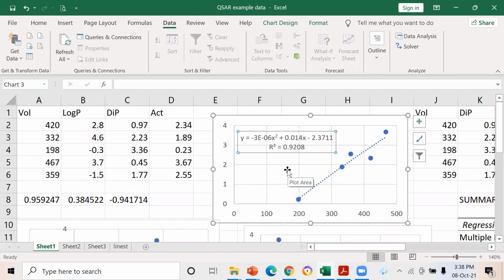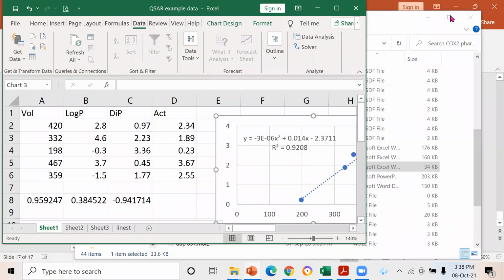But in Excel, second order, third order, or whatever order models can be done. So Excel can do a lot of multiple linear regressions and higher order models also.